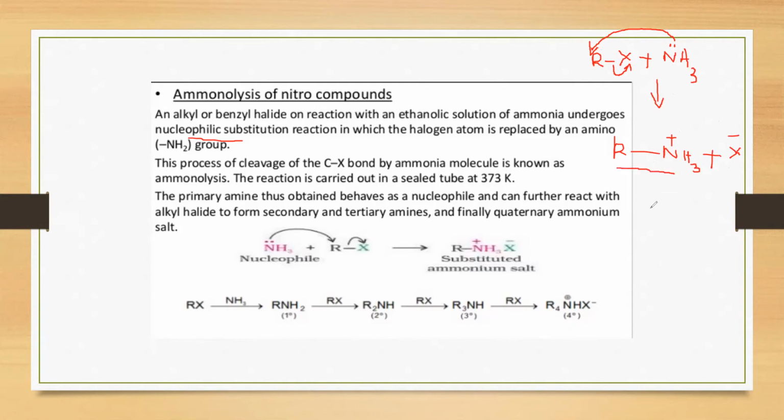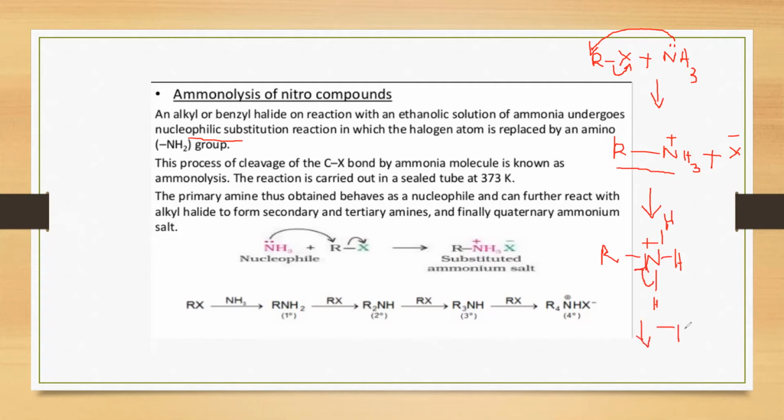And later on, from RNH3 plus, what will happen? This nitrogen is bearing a positive charge, right? So it doesn't want to hold on to that positive charge. So one of the hydrogens attached to nitrogen will give its pair of electrons to nitrogen and leave the molecule as H plus.